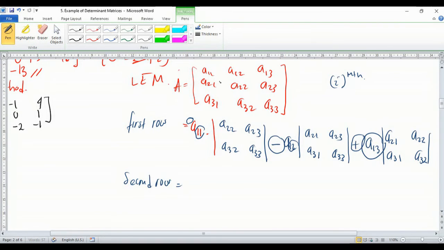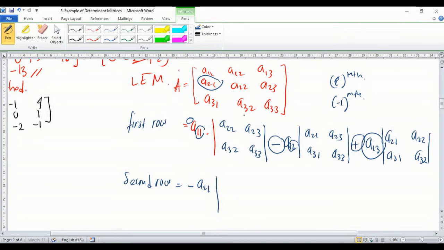The second row starts from A21. A21 is minus because 2 plus 1 is 3. So this one is minus 1 to the power m plus n. When we put 2 plus 1 is 3, right? So minus 1 to the power 3 is minus A21.